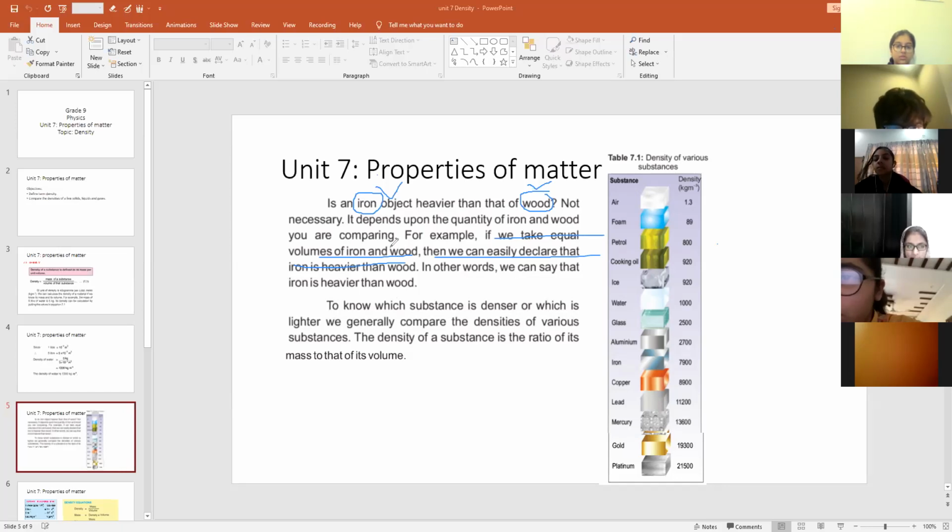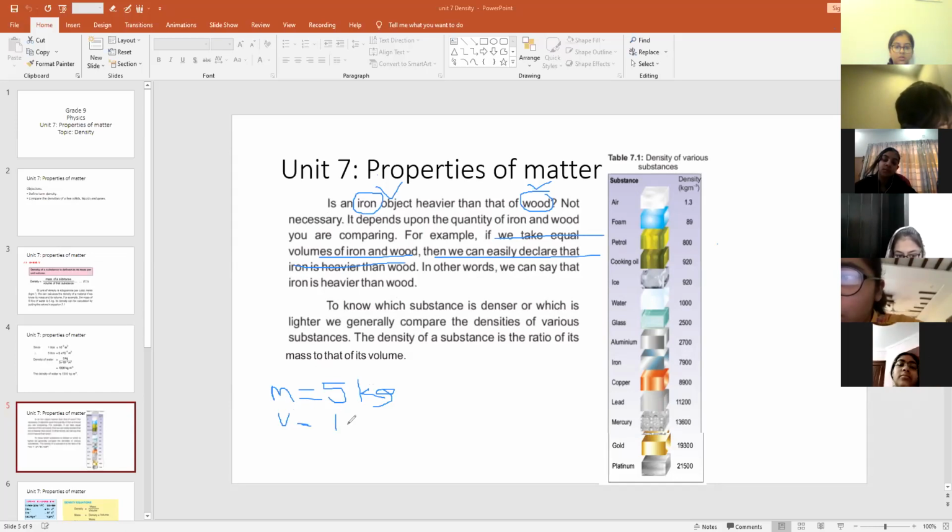So let's say the mass of iron is 5 kg, and the volume for iron we just take 1 meter cube. And for wood, let's say the mass of wood is 3 kg.